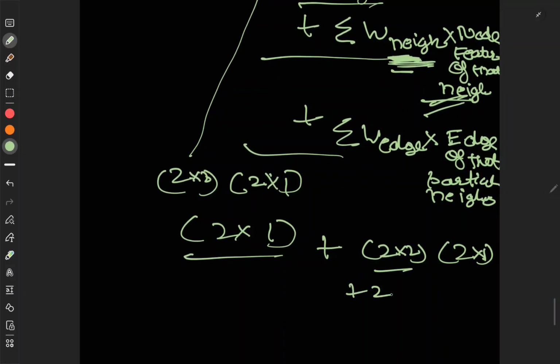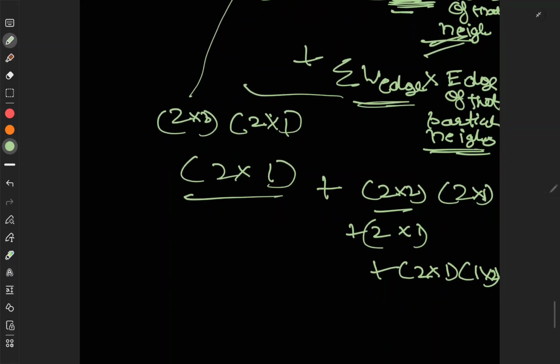We get some matrix from here. Okay, then again what is the weight of edge? That is again a 2 cross 1 matrix, and this is edge of that particular neighbor. It could be just simply 1 into 2, meaning I took a transpose of these edge features to do the multiplication.